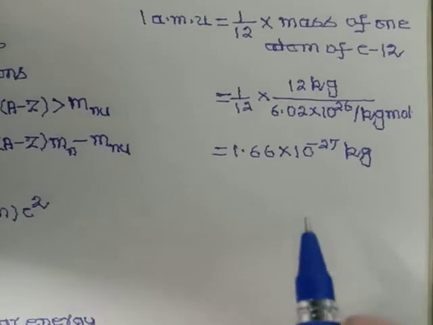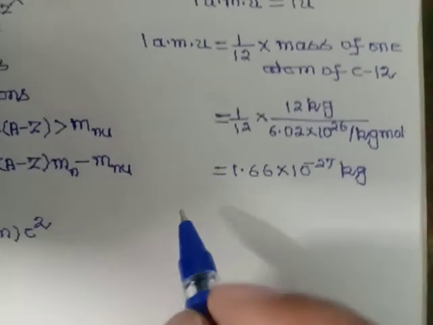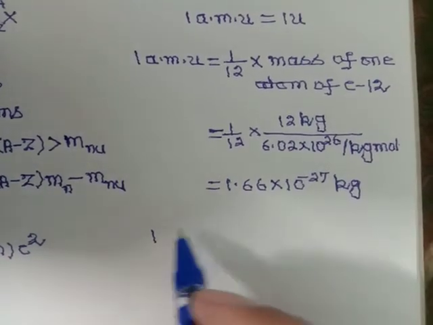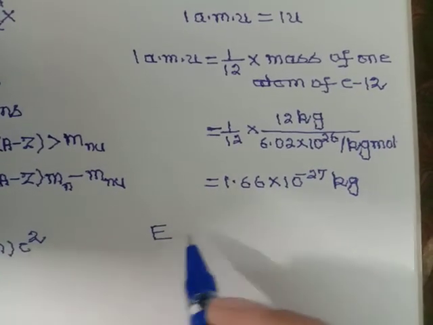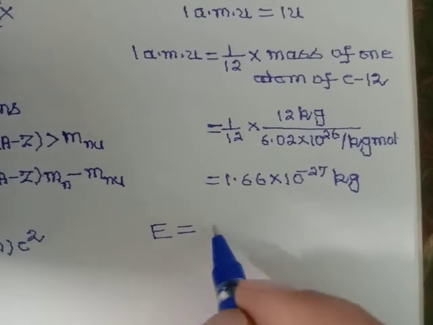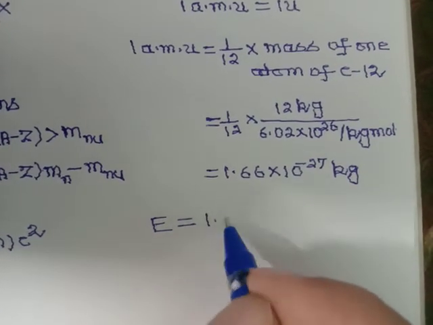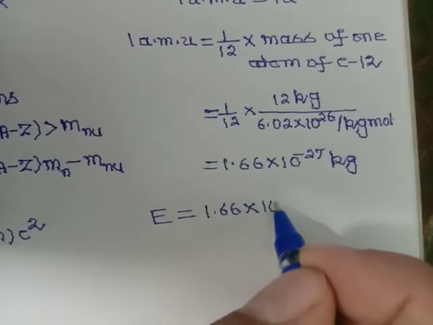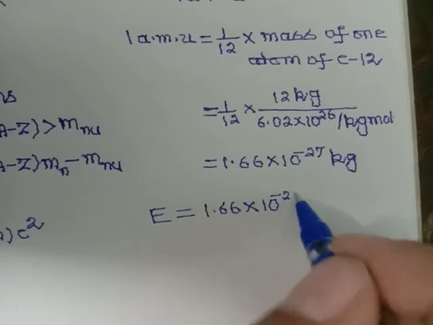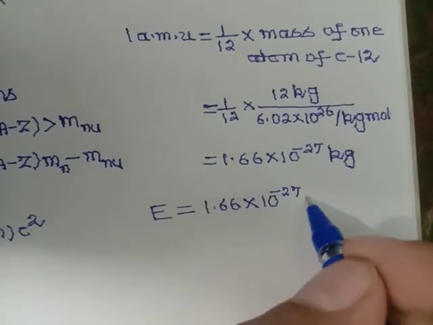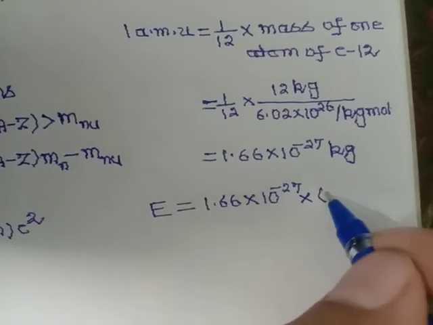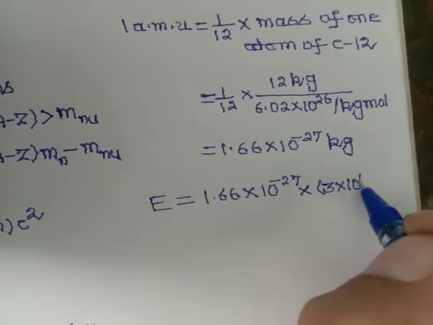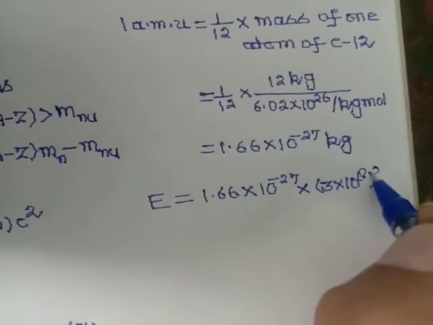So the energy equivalent to 1 atomic mass unit will be equal to 1.66 into 10 to the power minus 27 multiplied by the square of the speed of light, that is 3 into 10 to the power 8 whole square, joule.